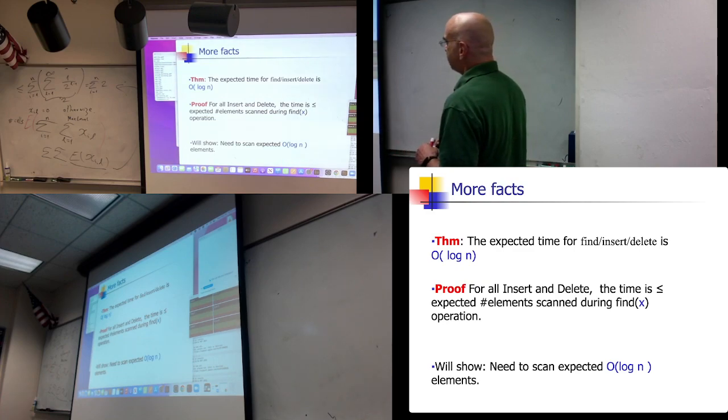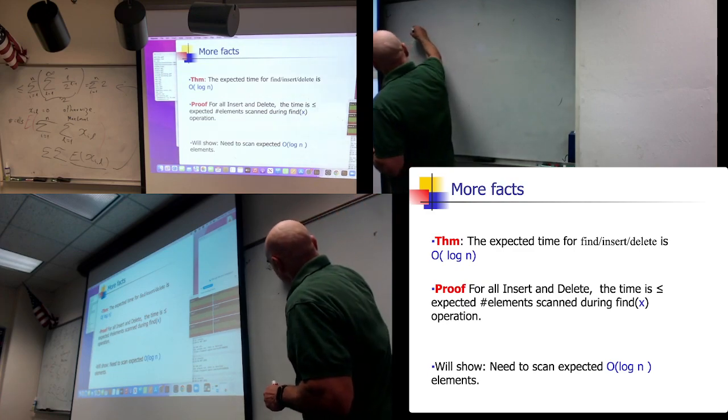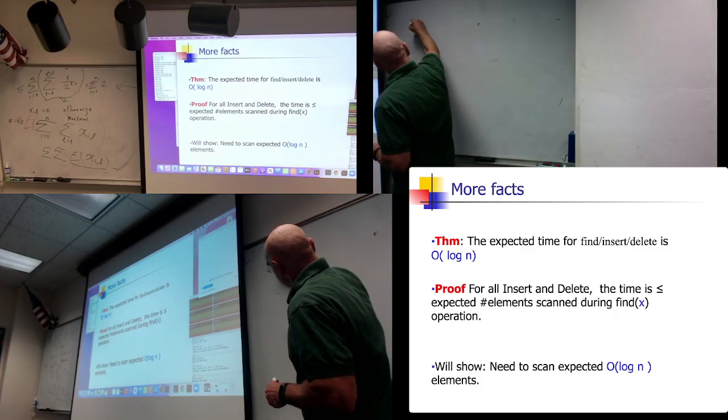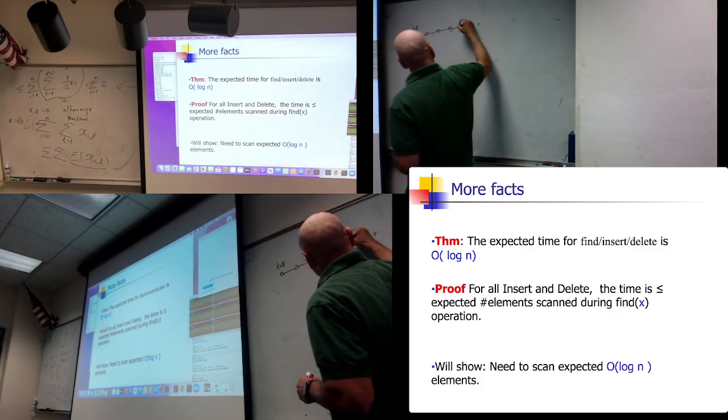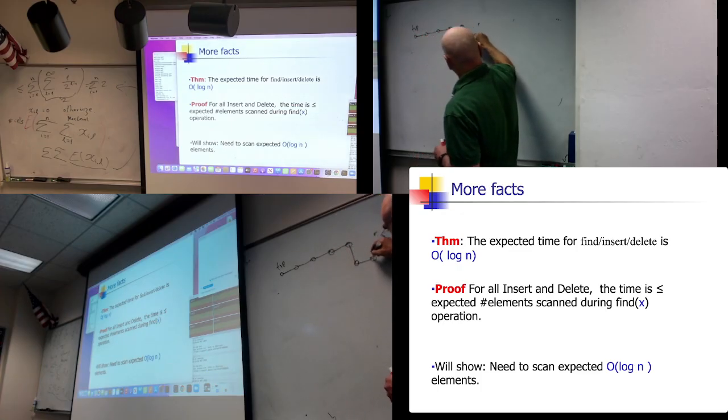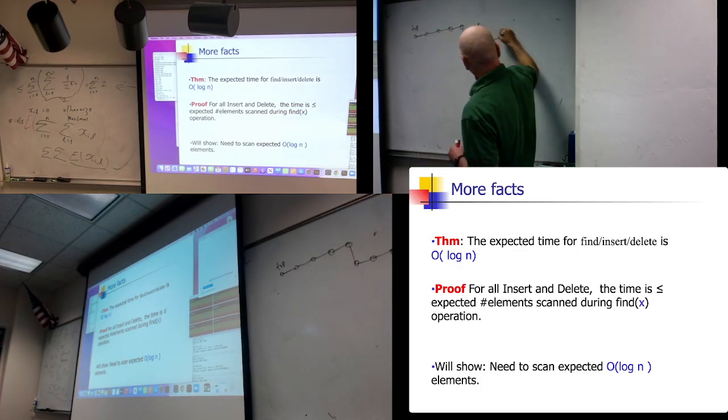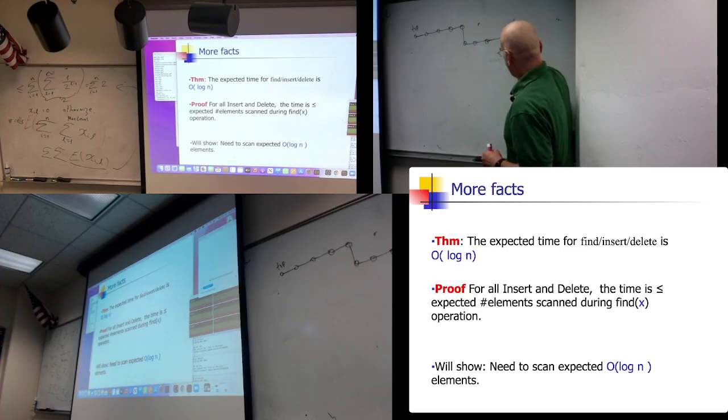Here, the bulk of the work is that I start from the top level, and I go to the right, go to the right, go to the right, go down. Go to the right, go to the right, go to the right, go down, and so on. And then possibly at the end of the work, I'll decide that maybe this link and this link and maybe these pointers should be updated.